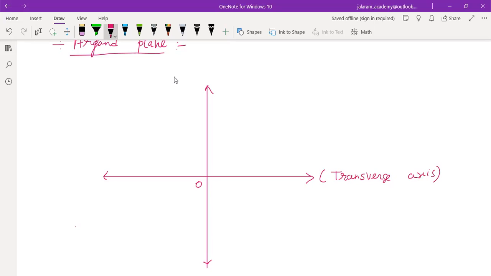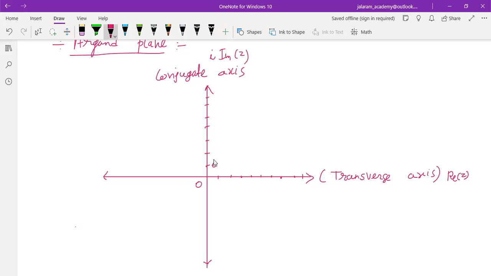And the vertical axis is called the conjugate axis. These units are for the real parts of a complex number. These show the real coefficient of a complex number, and this shows i times the imaginary coefficient of a complex number.